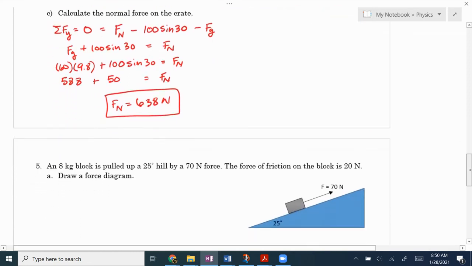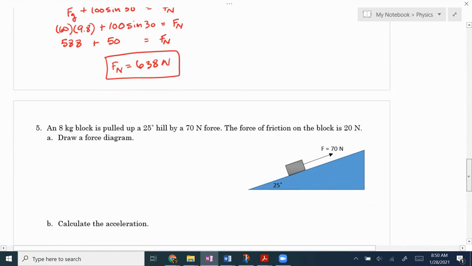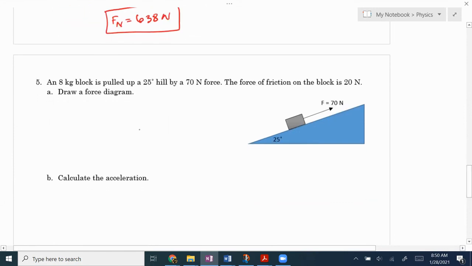Let's do that. This is another inclined plane problem, a little bit trickier. Obviously, we have the force of gravity acting on it first. It's an 8 kilogram block pulled up a 25-degree hill by a 70 Newton force. So we have a 70 Newton tension force in that direction. The normal force is going to be perpendicular to the slope, so that's going to be in that direction.